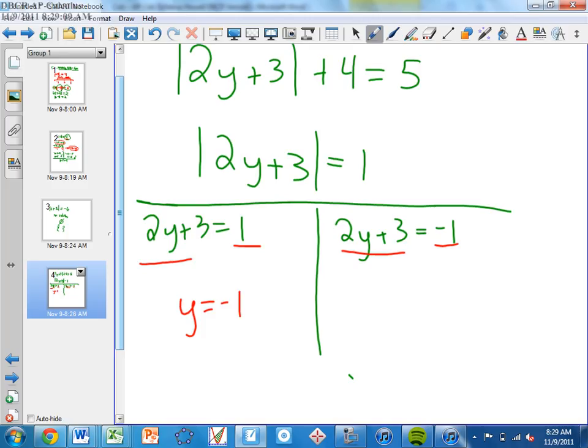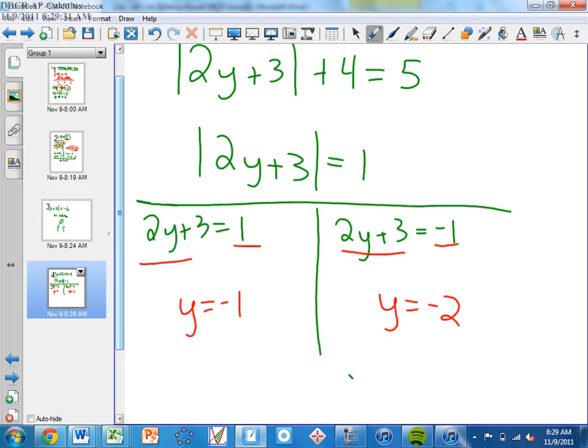What about the other one over here? -2. Now, what do I have to do with this, guys? You have to check. Plug it into the original. Again, always, always, always into the original equation. So, go back up to the top right here.